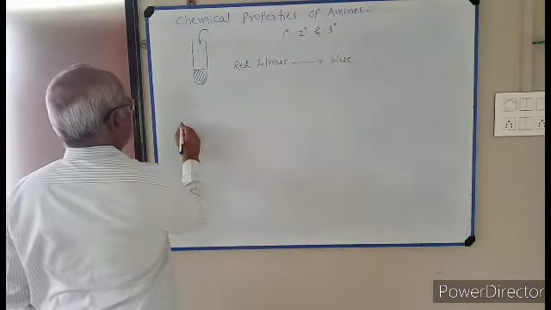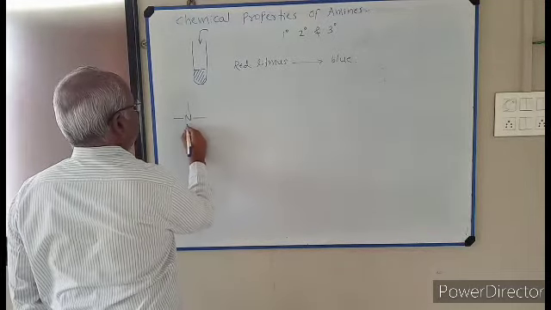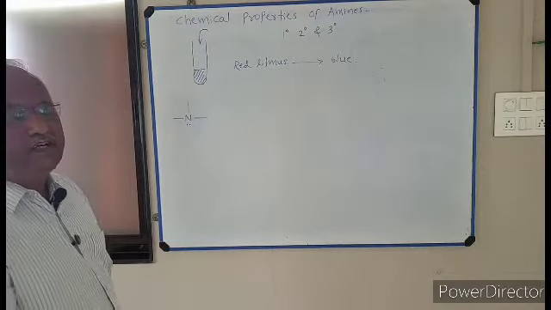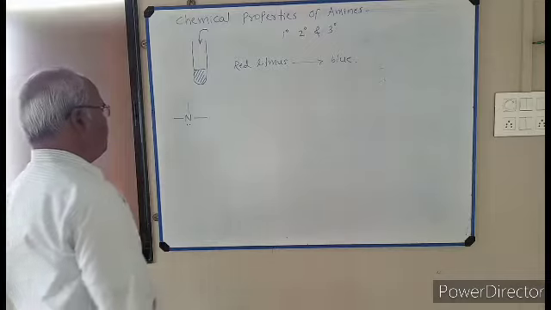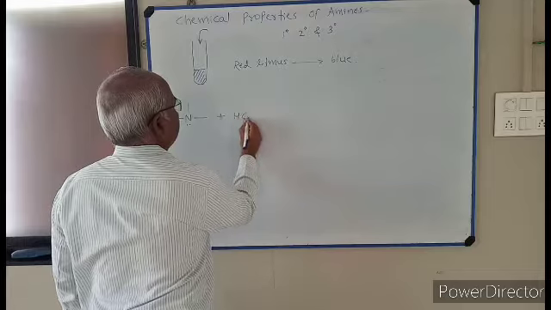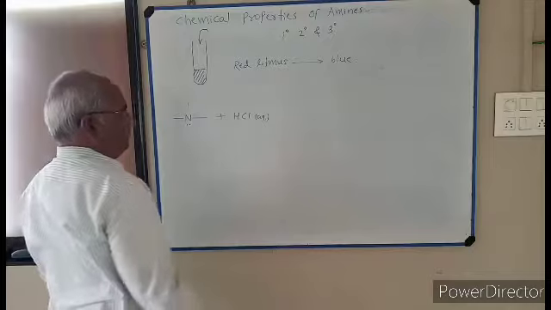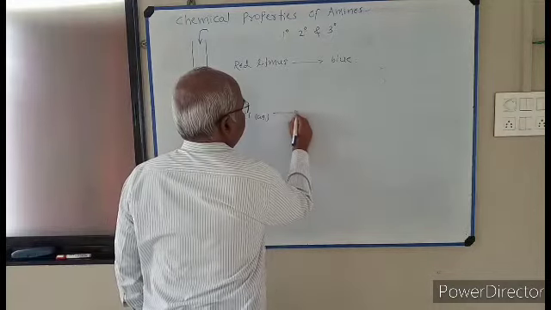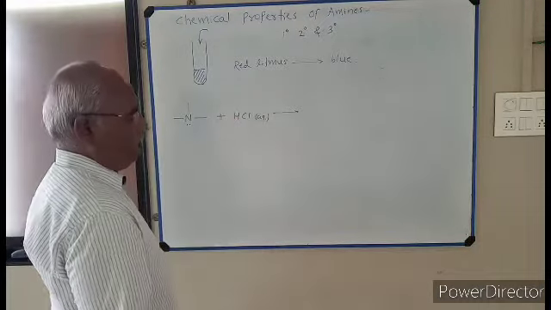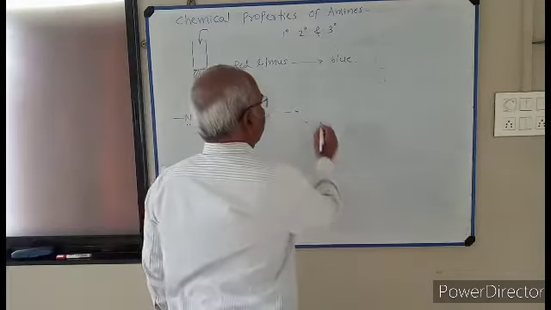The second test I am going to explain, that is, this is amine. It may be primary, secondary or tertiary. In this amine, aqueous HCl is added. Amine is a basic compound, dissolves in HCl and substituted ammonium chloride is produced.